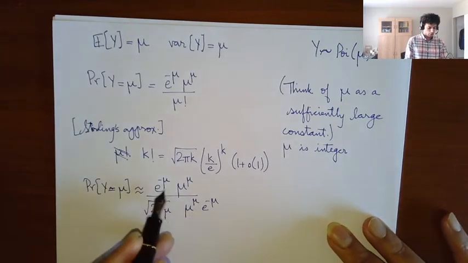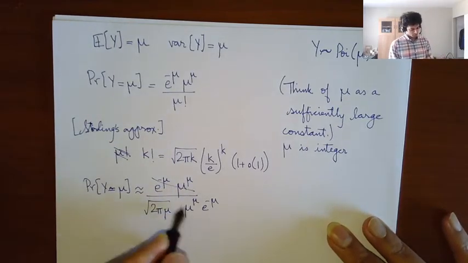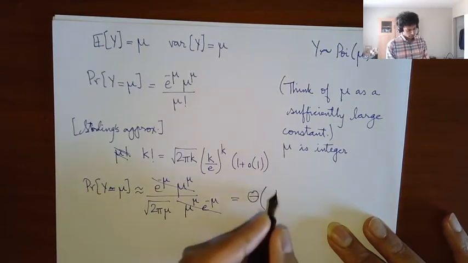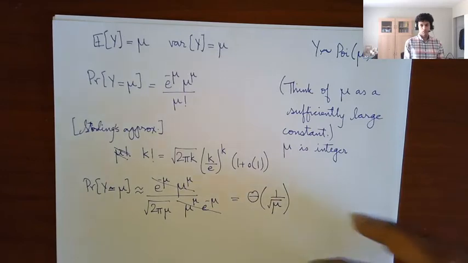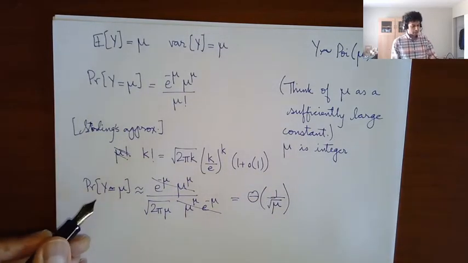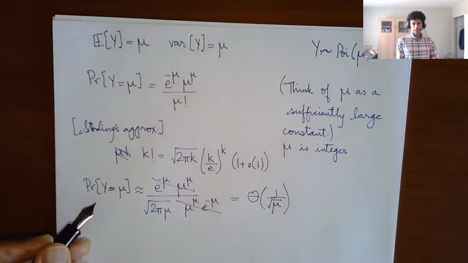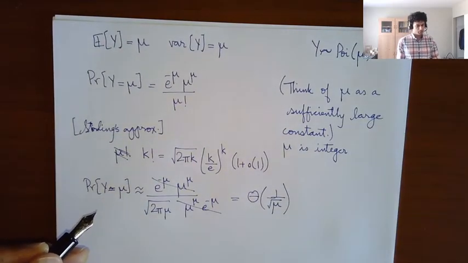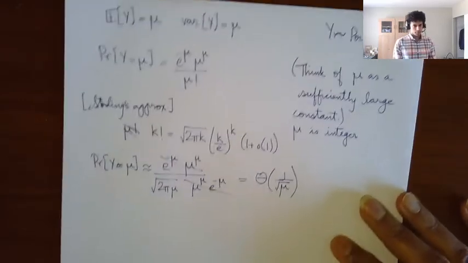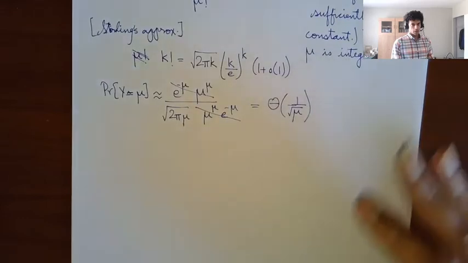So I get exactly the numerator over there. And so what I have is this is theta of 1 divided by the square root of mu. This is a very important fact to know. So the probability that a Poisson takes exactly its mean is 1 divided by the square root of the mean.